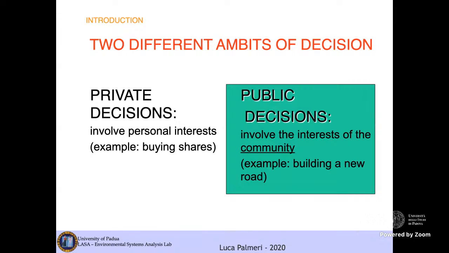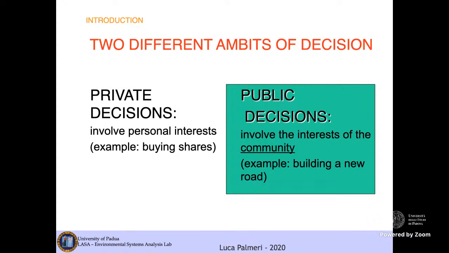There is another classification of the ambit of decision between private decision and public decision. Private decisions involve personal interest, for example, buying shares, buying a house, or investing money and so on.